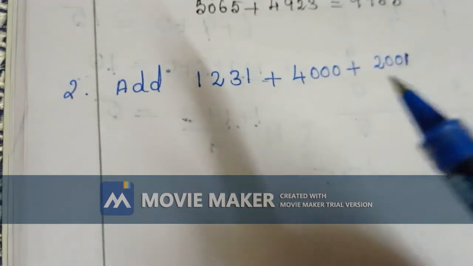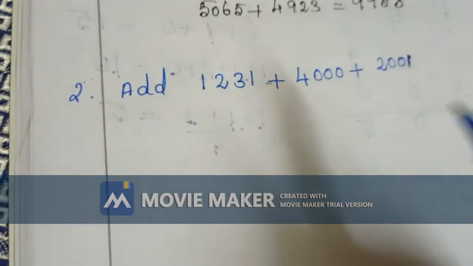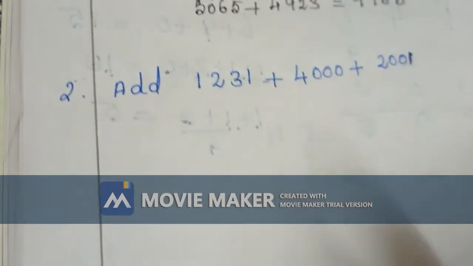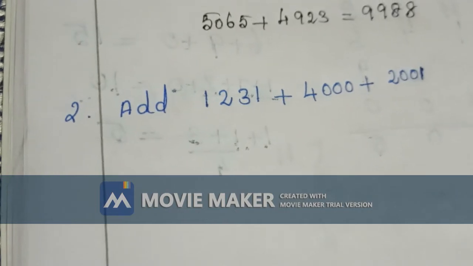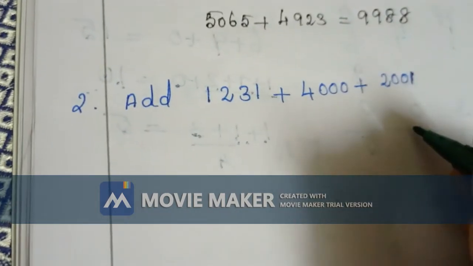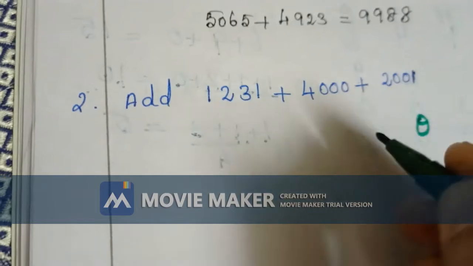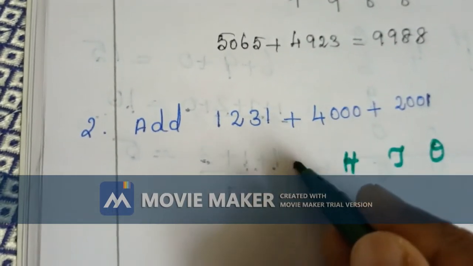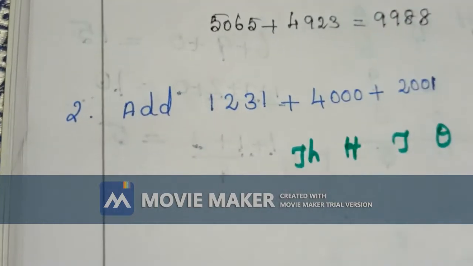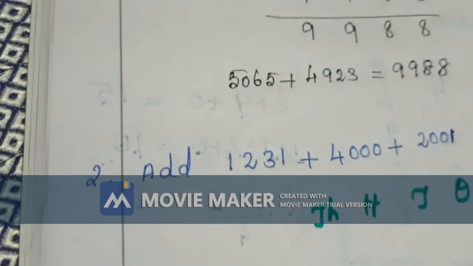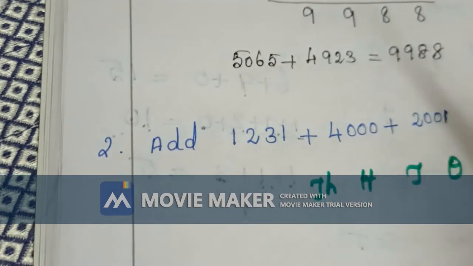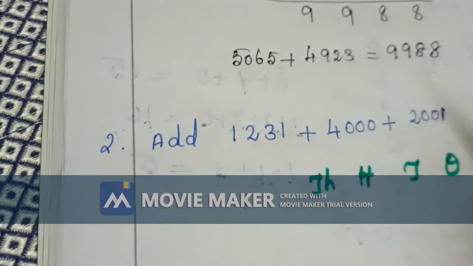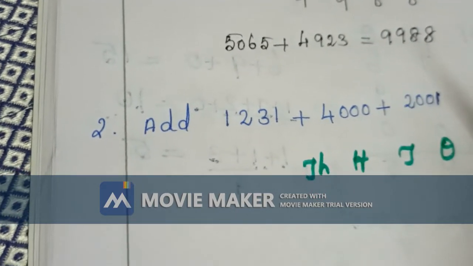The 4-digit numbers have 4 values. They are ones, tens, hundreds and thousands. Now the next step, you have to write the numbers one below the other as per their place values.